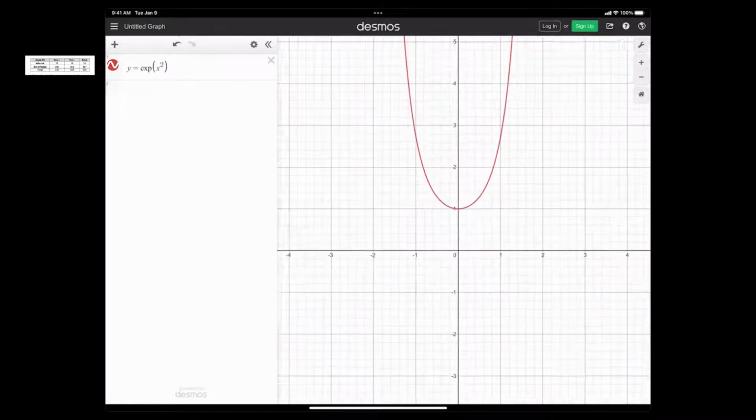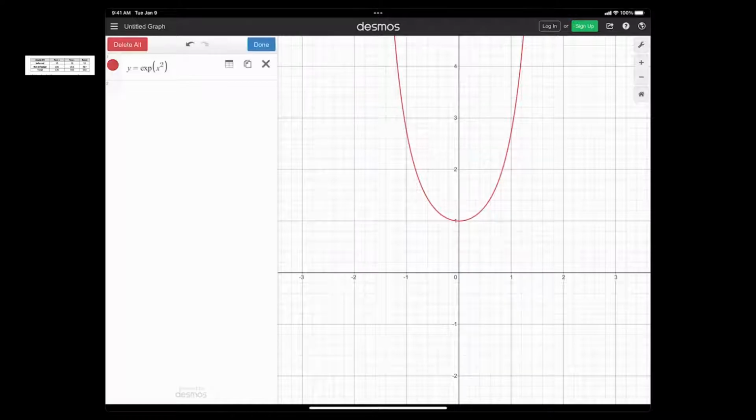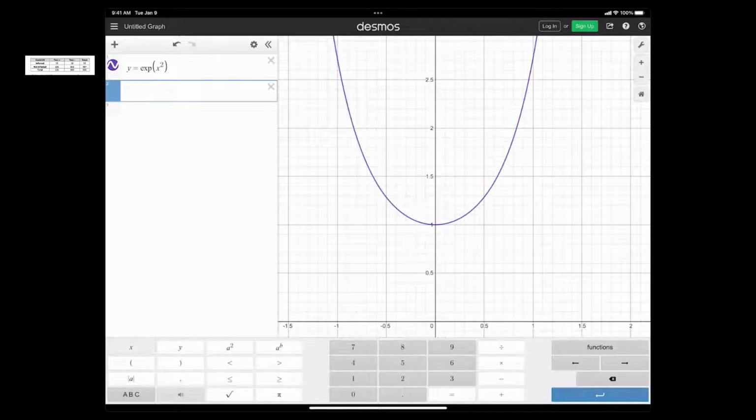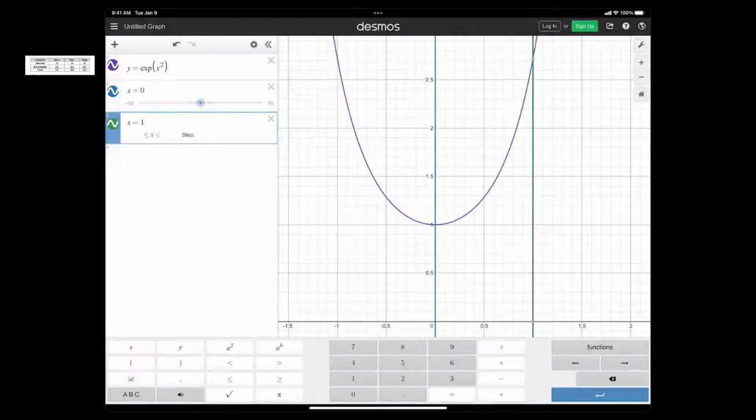I usually don't like red. Purple's fine. But we're going to try to integrate from 0 to 1. So if you said, what does that really mean? Well, x is 0, that's one boundary. x is 1, that's the other boundary, and the y-axis.